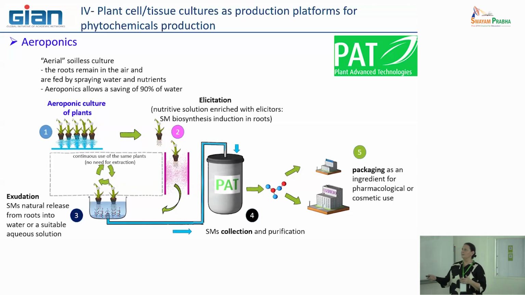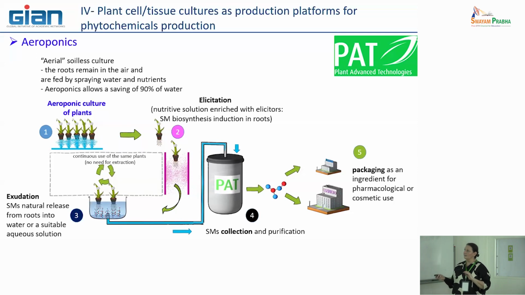So the second step is to stimulate, because naturally they produce some, but sometimes it's not enough. So we need to elicit the plants, as is also the case in in vitro systems. These plants, in an automatic system, are stimulated by a spray of elicitor directly on the root.